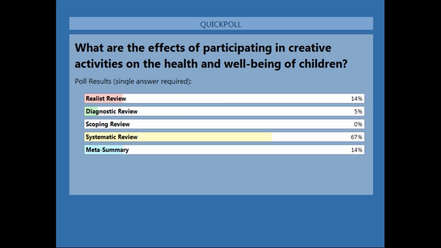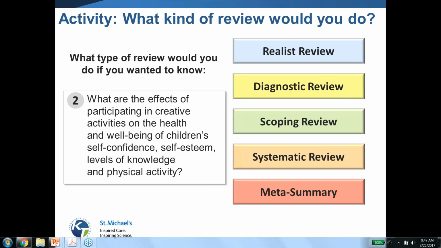So anytime we're asking about the effects or the safety or the effectiveness, a lot of times that's a clue that maybe a systematic review is helpful. And specifically if your knowledge users want a meta-analysis, then you would likely want to go with a systematic review. So this is a nice worked example of where we're working together with our hypothetical knowledge users and thinking about what type of knowledge synthesis we would choose.